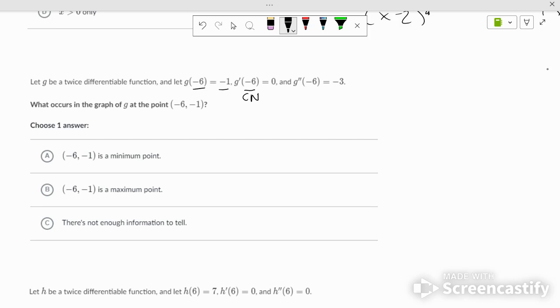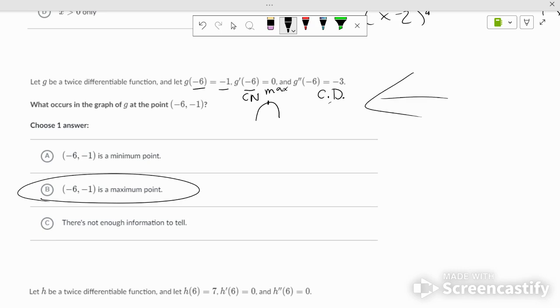So it's concave down. If it's concave down, then what is my critical number going to be? A max or a min? It's going to be a max. So at negative 6 is a maximum point. Ooh, we're learning what's going on.